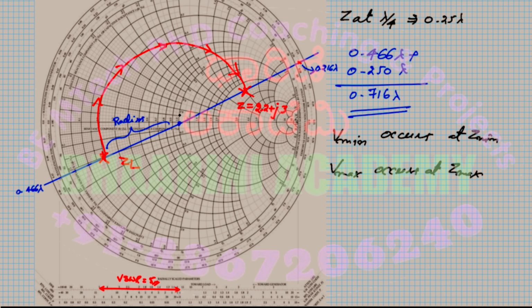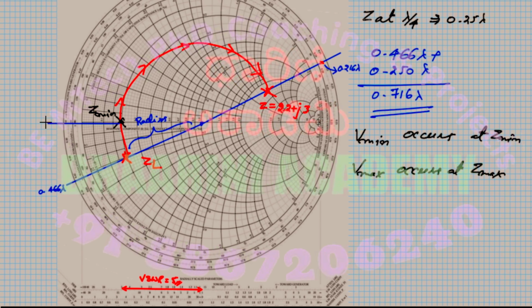Are you okay? So what I do, I'll just mark this point. This is the Z minimum on the line. I just have to extend the line from the Z min to this. It's actually the same horizontal line.